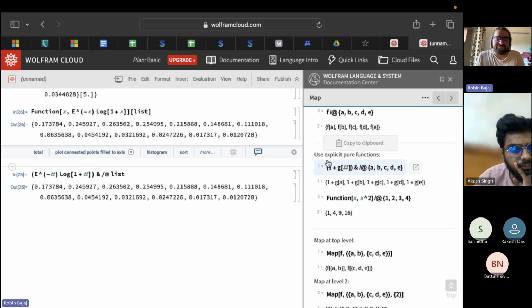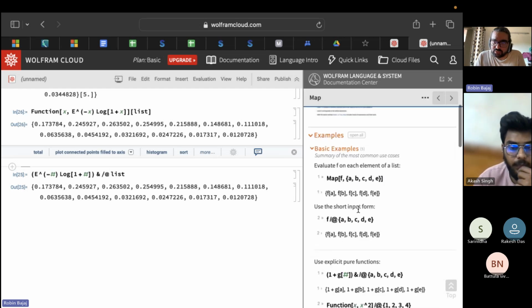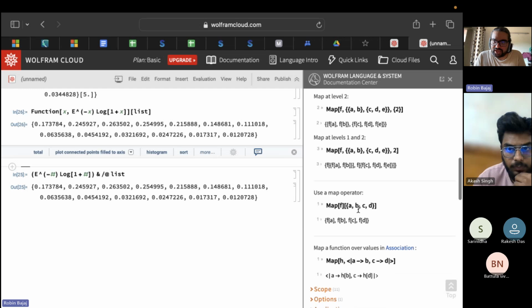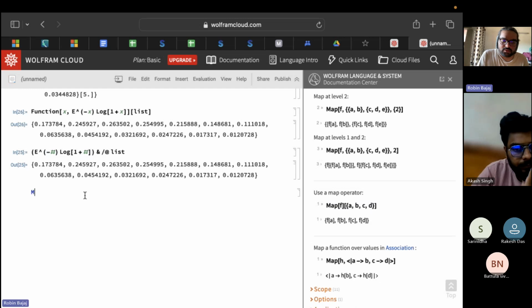So both are the same thing, but done in different forms. This idea is basically defining the function explicitly, as in you say this is the functional form. There is one more interesting thing where you can define a function as an operator. So one can use a map operator. Let's try this. Map, okay, 1 plus hashtag.